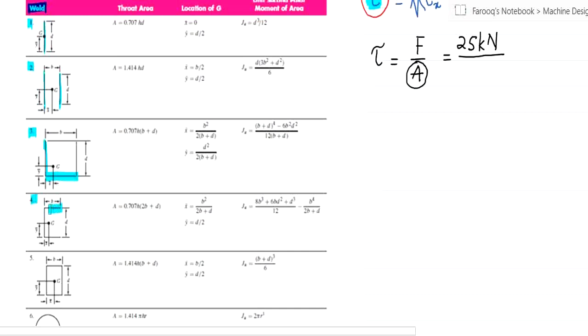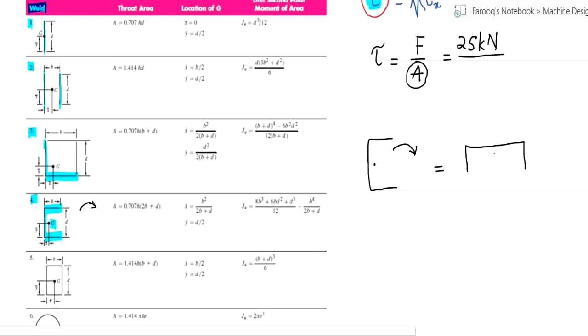In the fourth type we have a three-sided weld, but the orientation of this three-sided weld is not the same as our weld. However, if we turn it counterclockwise by 90 degrees, then we can get our same weld. Now if we rotate it by 90 degrees, we are going to get the profile of our weld.